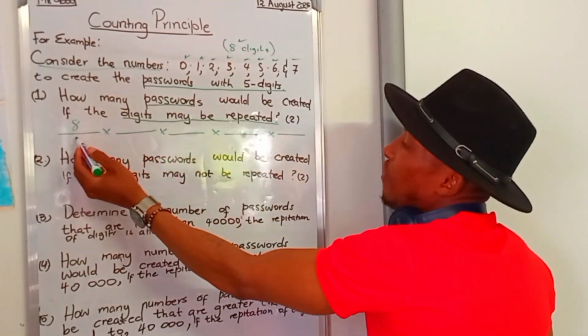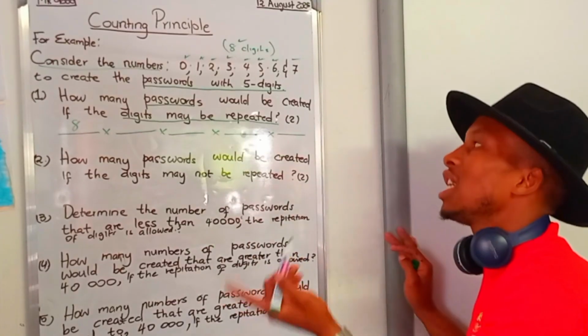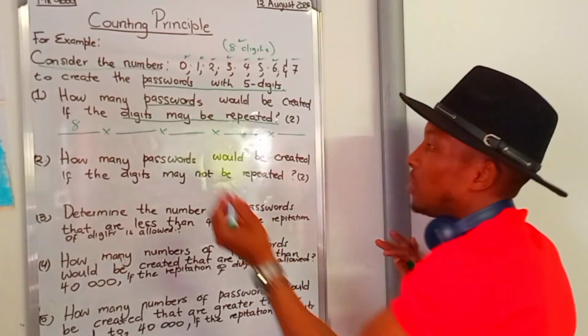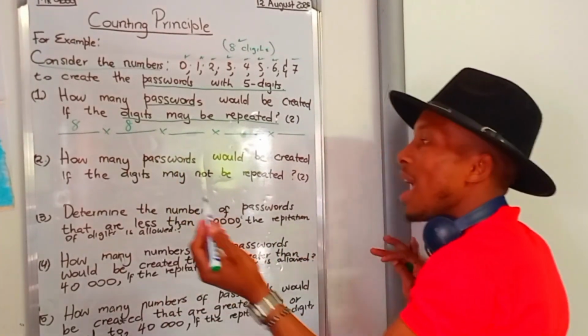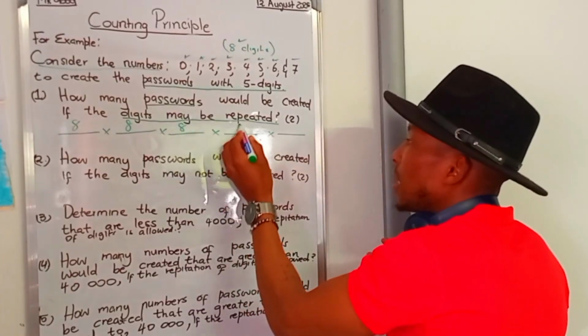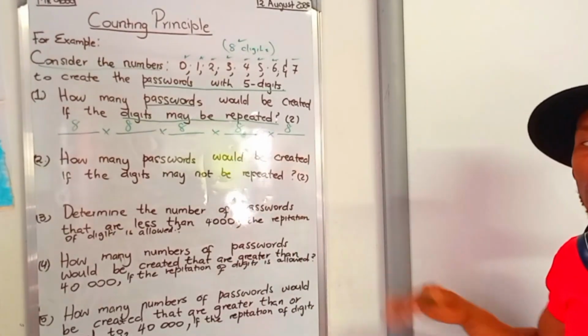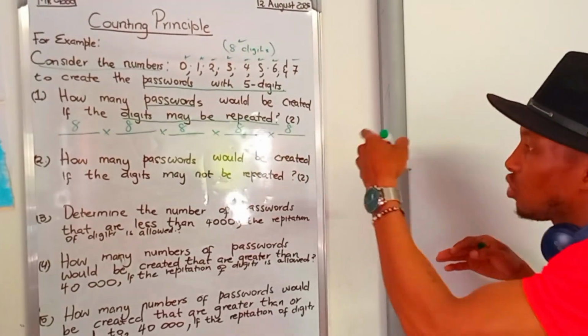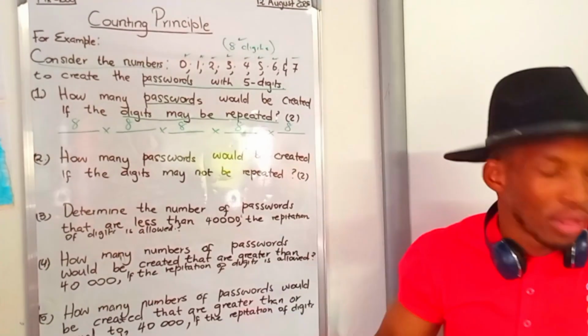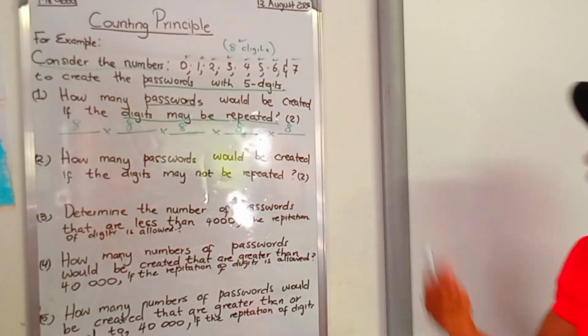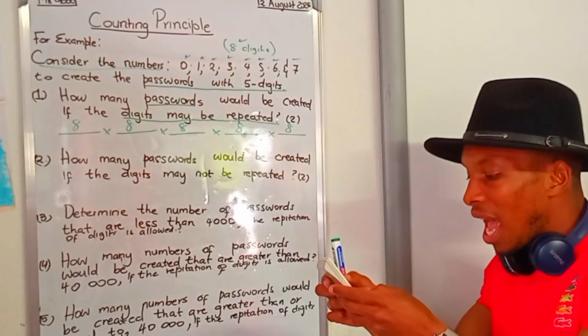All right. Then we have 8. We use that digit, then we bring it back to the total space. Then we still have 8 as well as 8 as well as 8, because the repetition of numbers is allowed. That means we put it back into the total sample space.